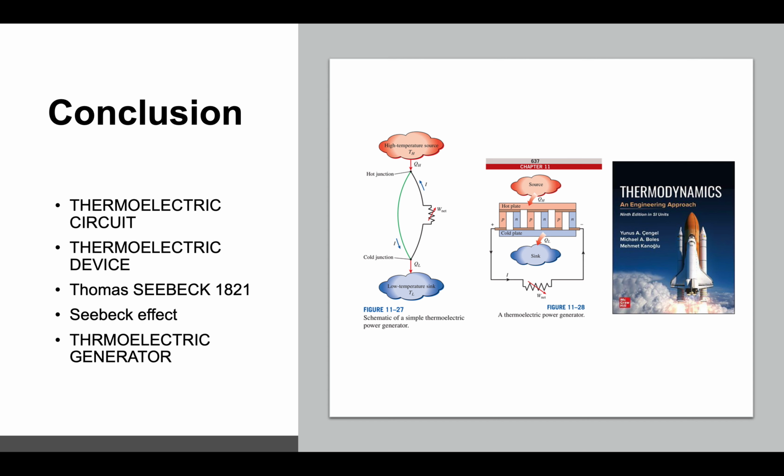Therefore, the thermal efficiency of the thermoelectric generator operating between temperature limits is analyzed by the Carnot cycle efficiency, in the absence of any irreversibility such as heat loss due to the resistance of the wire.